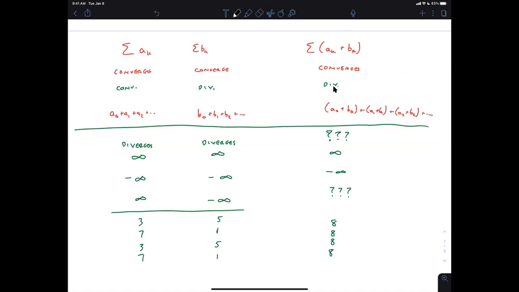If exactly one diverges, but all the rest converge, then the total diverges. Does that make sense? As soon as two or more diverge, then it's not clear. So we cannot split it up without knowing more about why they diverge. Does that make sense?